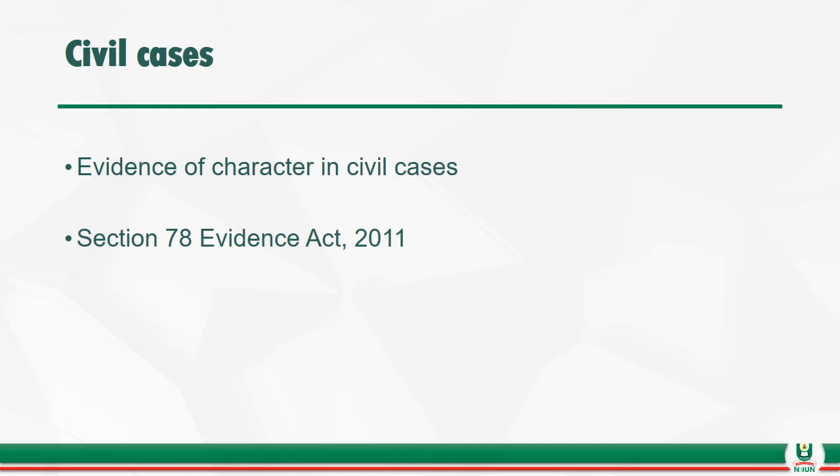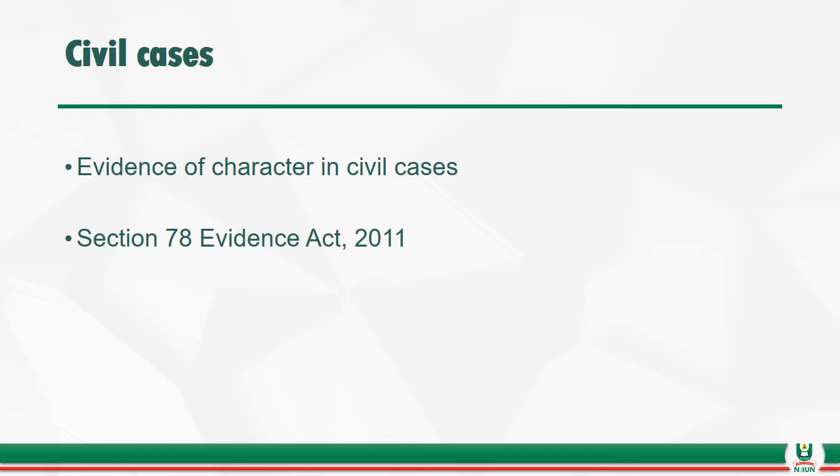In that particular situation, the character of the plaintiff or the claimant becomes a fact in issue, which becomes a matter of dispute between the parties. In such circumstances, the character of a party in a civil suit can then be relevant.